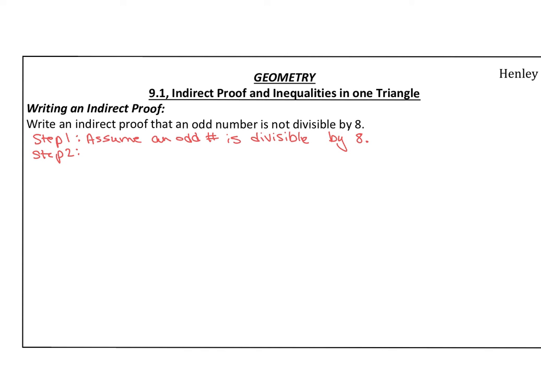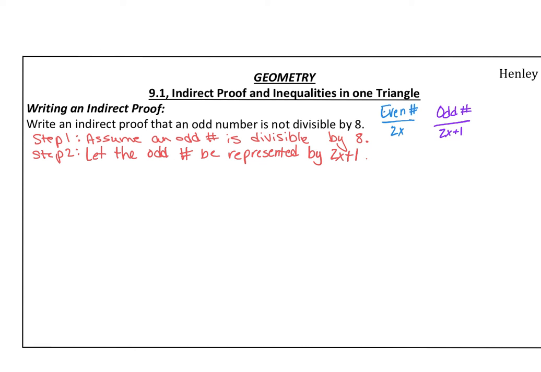Now we know that even numbers are divisible by 2, so we will label even numbers as 2 times a number, which will give you an even number. Odd numbers are 2 times a number plus 1. Let's list that.